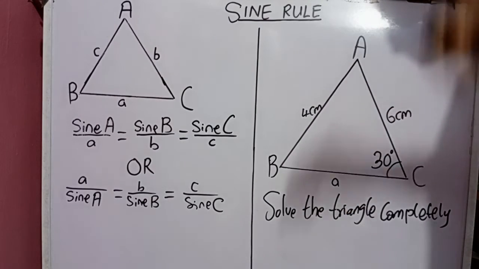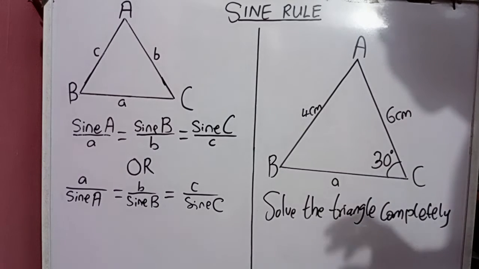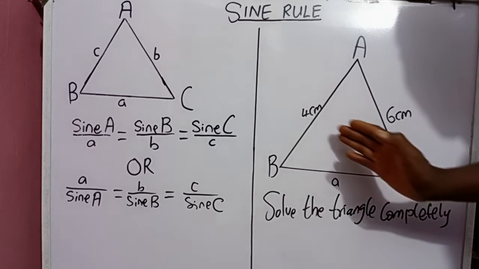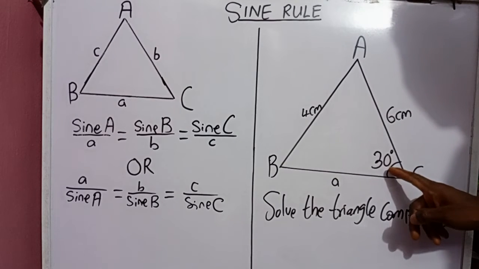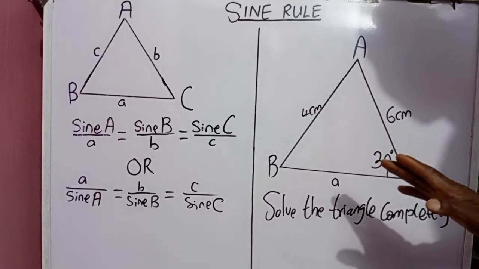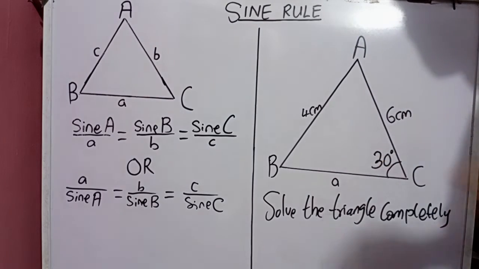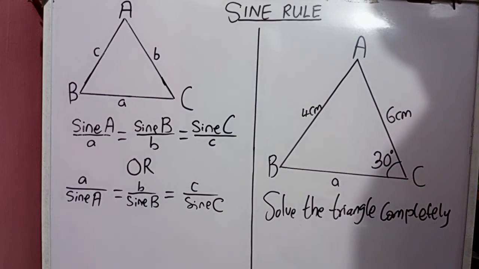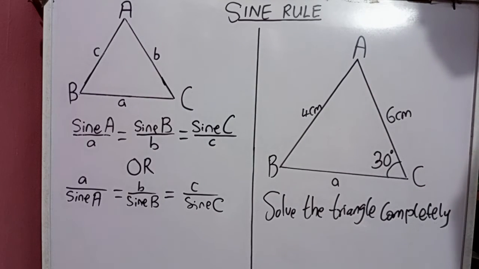So the goal here is for us to have one particular side given complete. As you can see from our question here, C is given complete because angle C has a corresponding side given, and one other side is provided in that particular triangle. So in this instance, we are to make use of sine rule. Now let's get started solving this particular example that we have on the board.